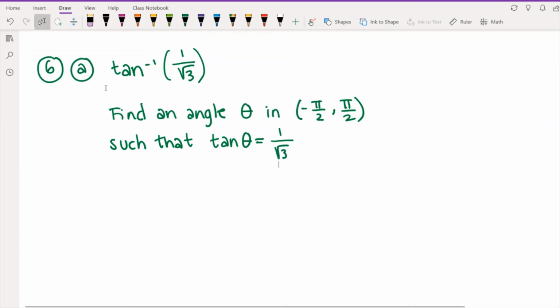So how can we figure this out? Well, what I would think about is, if you have a square root of 3 here, what kind of angles bring up square root of 3? They're multiples of 30 and 60, or pi over 6 and pi over 3, right? Whenever you're taking tangent, you're doing sine over cosine, or the y coordinate over the x coordinate.